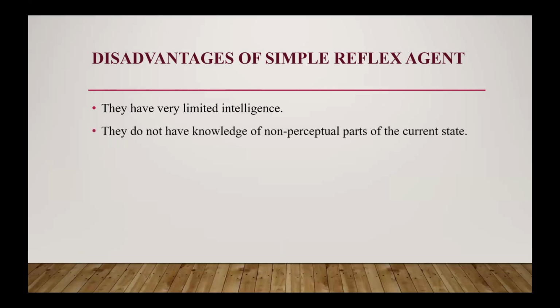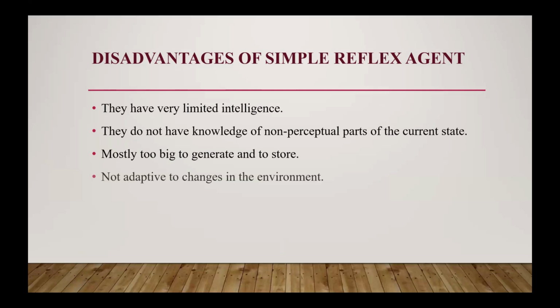They do not have any knowledge of the non-perceptual part of the current state. The rule tables are mostly too big to generate or to store. They are not adaptive to changes in the environment. Whatever the current situation, it performs the operation. If no predefined condition is defined, it will not perform any operation. These are the drawbacks of the simple reflex agent.